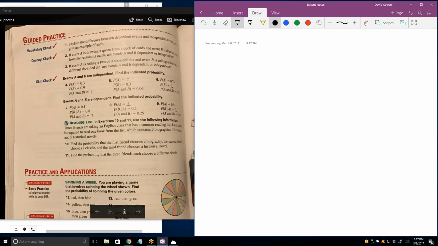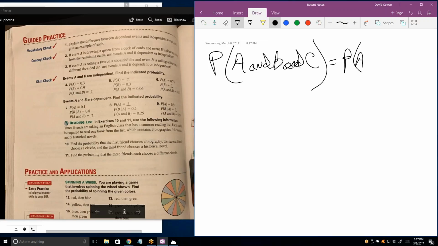So 18 altogether. That's what they're asking, right? The probability of all 3 events happening. Well, that's the probability of A times the probability of B times the probability of C.